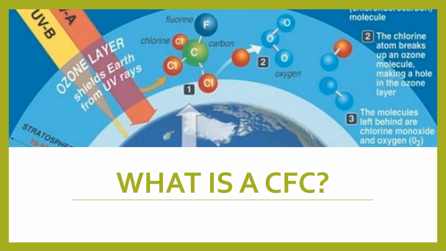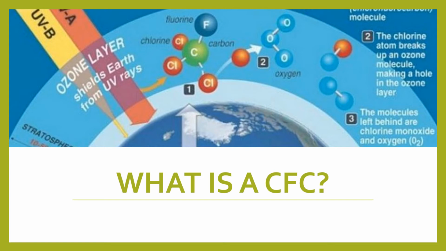You can see a free chlorine breaks off with this high energy UV radiation, and it attaches to that O3 molecule, pulling apart the oxygen to make an O2, and then a free oxygen. But it doesn't just stay with that oxygen and lock it up. Then that chlorine atom drops it, attaches somewhere else, and keeps breaking things up.